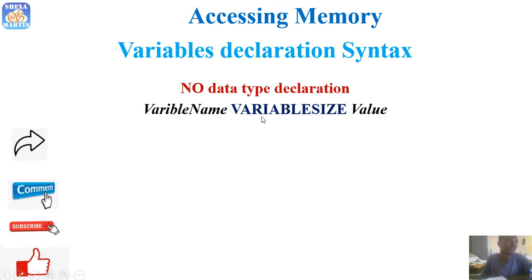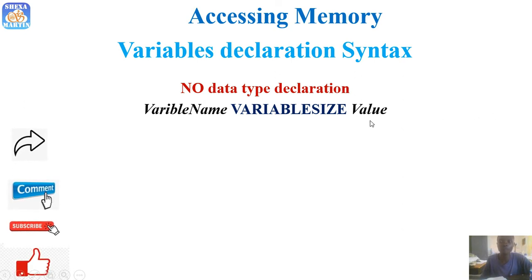And then we have variable size. That's where you say define byte. So variable size is replaced by DB or DW or DD or any of those directives that we have discussed in the previous slide. And then you put the value.